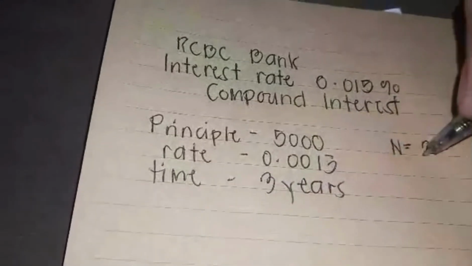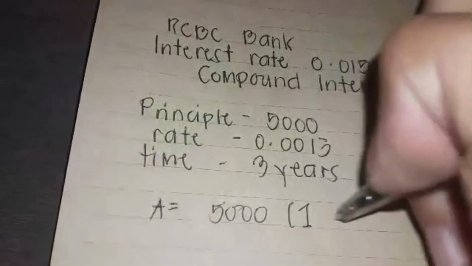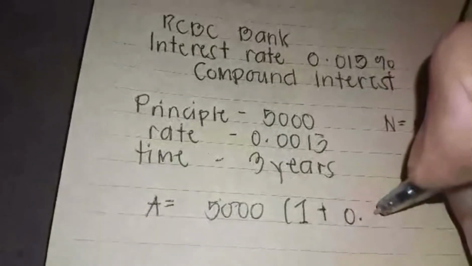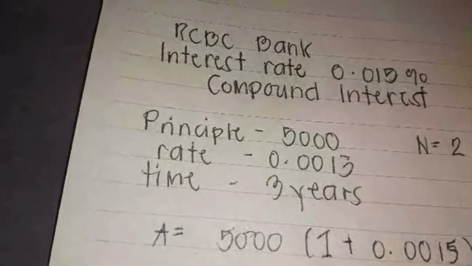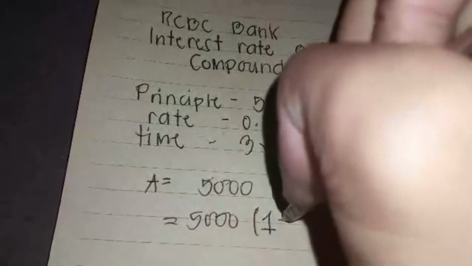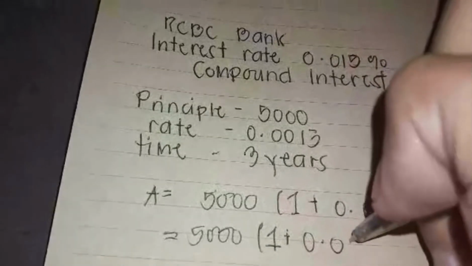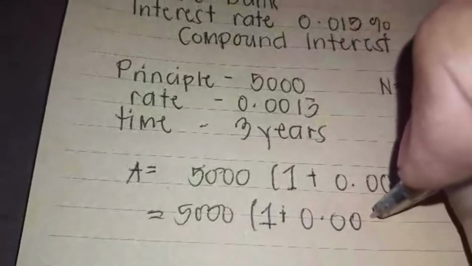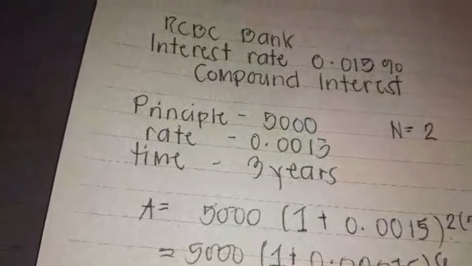and 2. A equals 5,000 times 1 plus 0.0015 over 2, which is 0.00075. 2 times 3 is equal to 6.